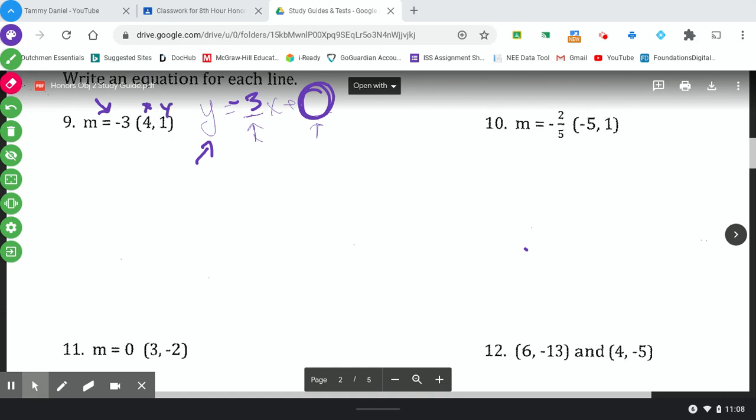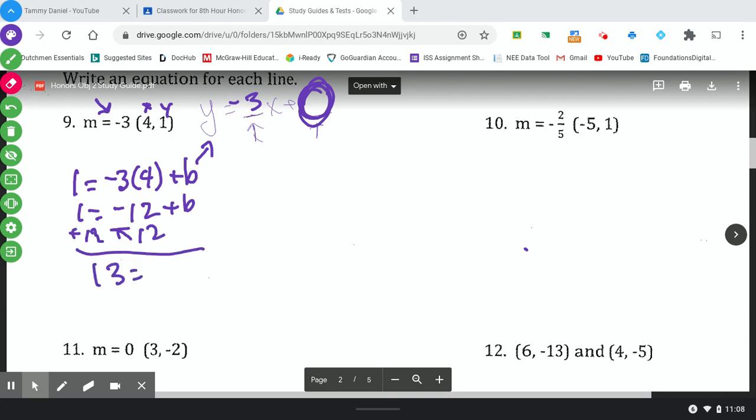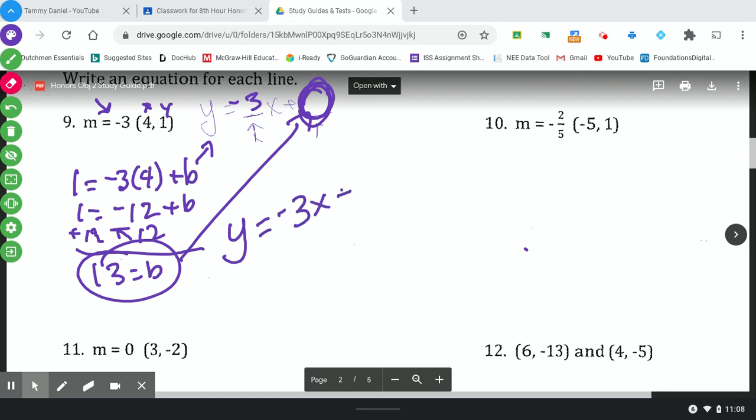Here's an X and here's a Y, and I already have the M. I could plug all those in and solve for B. So Y is 1, M is -3, X is 4, plus B. So 1 equals -12 plus B. Add 12 to both sides, and we get 13 is B. So now we have 13, and we can plug it right there. So our equation is going to be Y equals -3x plus 13 for that line.